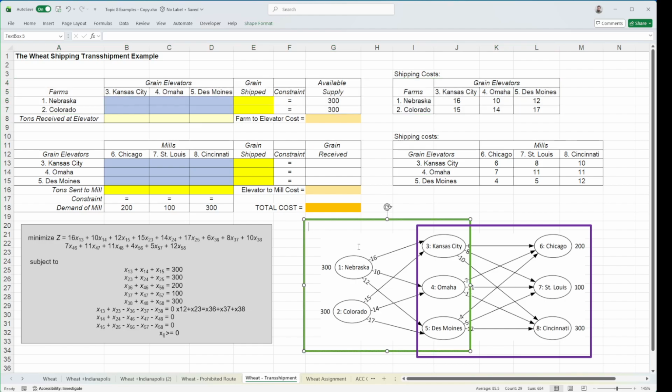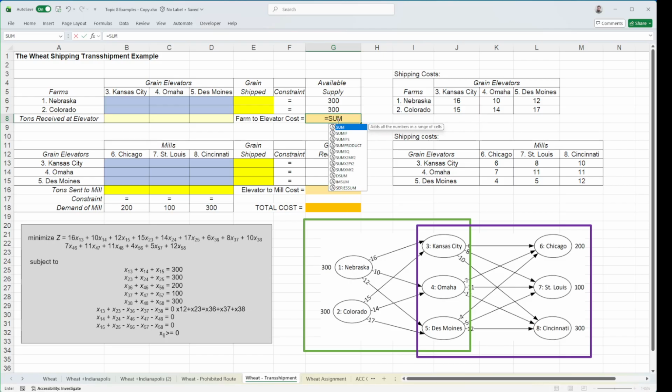Let's focus on the left half in the green box. We have Nebraska and Colorado being the suppliers, and Kansas City, Omaha, and Des Moines being the transshipment nodes. But in this subproblem, they can be regarded as the customers. Same thing as before, we want to calculate the total cost for this left half, this sub network.